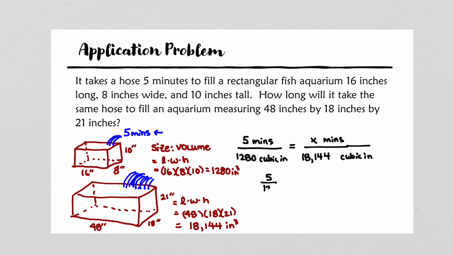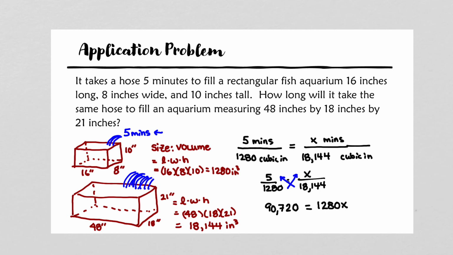Now all we have to do is solve the proportion. 5 is to 1,280, as X is to 18,144. How do we solve a proportion? We cross multiply and divide. So let's take 5 and multiply it times 18,144. When I multiply those two numbers together, I get 90,720. Let me also multiply now 1,280 times X. That's just 1,280X.